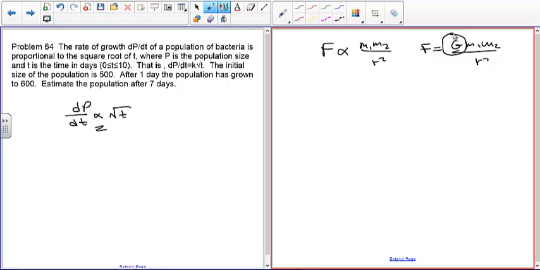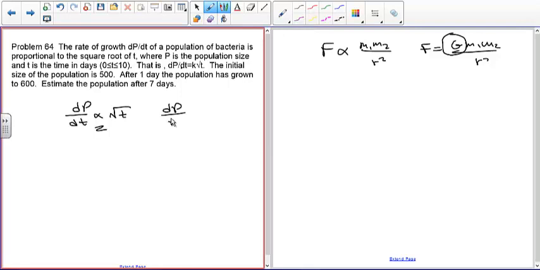Anyway, the point is Newton didn't know what G was. Somebody else figured out what G was, and actually did a pretty decent job considering the lack of technology in those days. So what that means for this problem is, when it says the rate of population growth of the bacteria is proportional to the square root of t, you can say dp/dt is equal to some constant k, just like this constant G, times the square root of t.